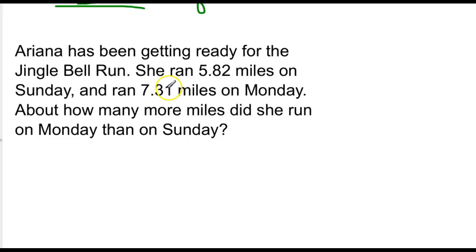They're asking us how many more miles she ran on this day than on this day. First of all, I'm going to point out that it is asking us "about," which means we are estimating. We find the two numbers we're going to use in our problem, 5.82 and 7.31.